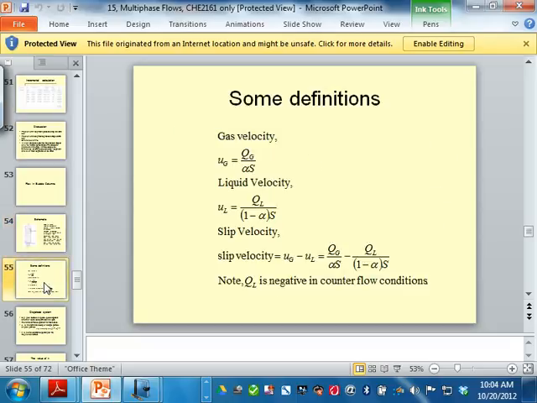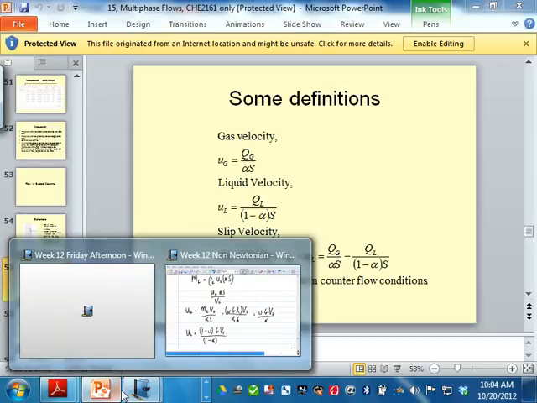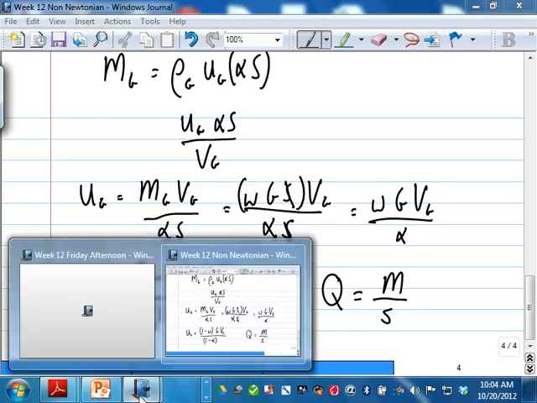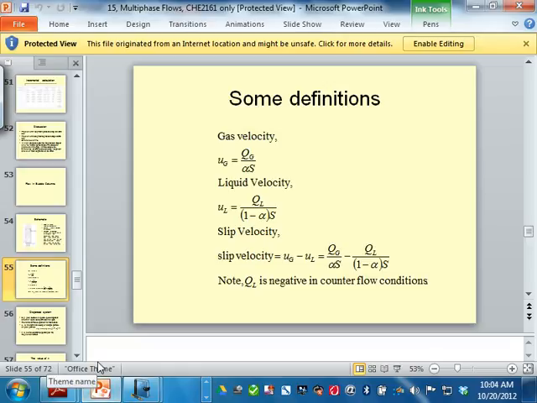Okay, so same thing again. Here Q, what's Q? Q is the flow rate, in meters cubed per second.